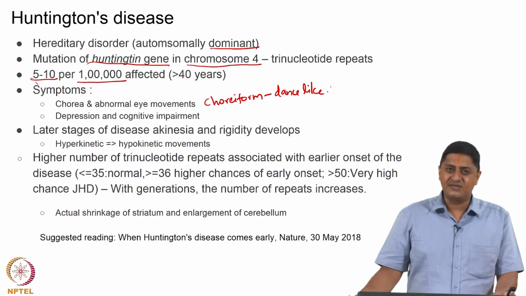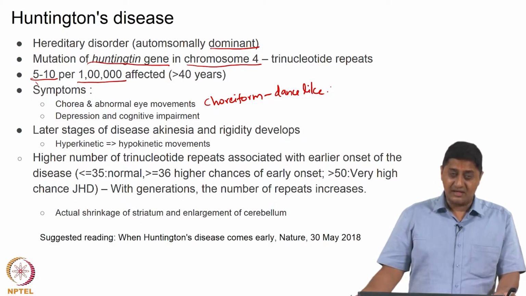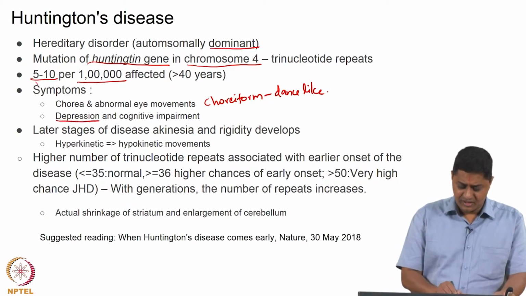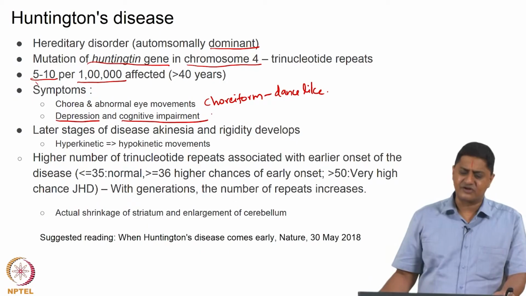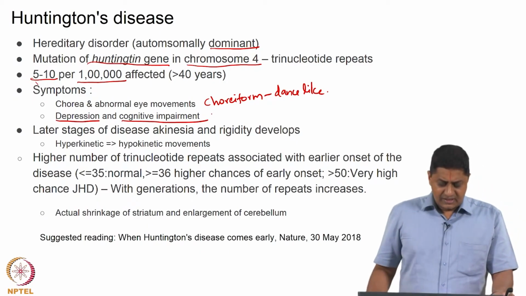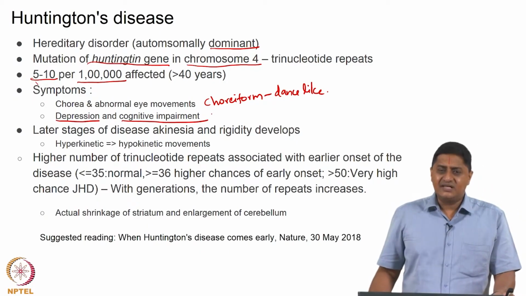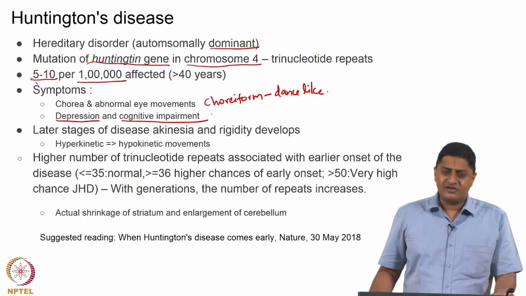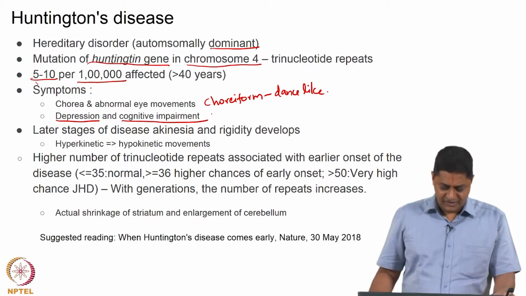So, these individuals when they make movements, it looks as if they are dancing, and eye movements are abnormal. Usually this is also accompanied by other non-motor symptoms such as depression and impairment of cognitive function. Although the exact details of the non-motor dysfunctions have not been understood, the motor form has been documented relatively well.